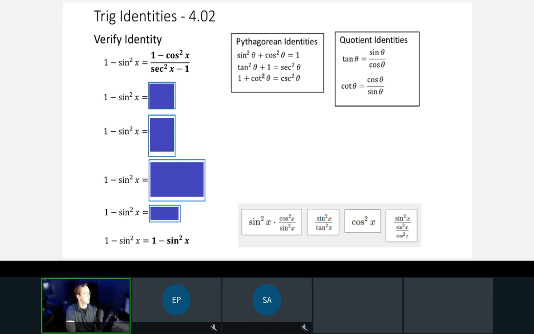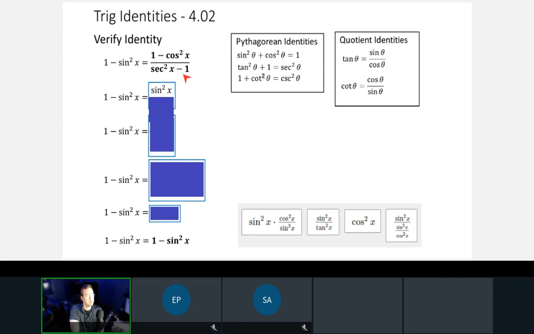So the top becomes sine squared x. The bottom, secant squared x minus 1. Well, looking over here, secant squared x, there it is. But we want secant squared minus 1. So just subtract 1 from both sides, and now we'll have tangent squared equals secant squared minus 1.